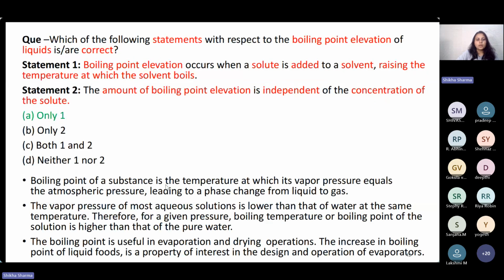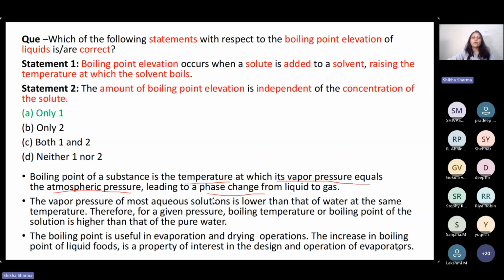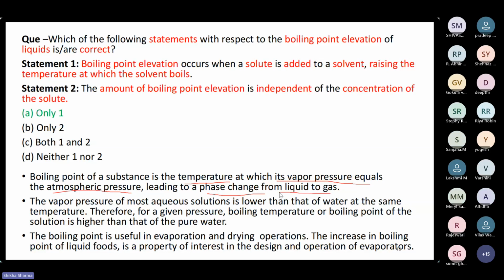The boiling point of a substance is the temperature at which its vapor pressure is equal to the surrounding atmospheric pressure. That means there is a phase change from liquid to gas. That means it is boiling.